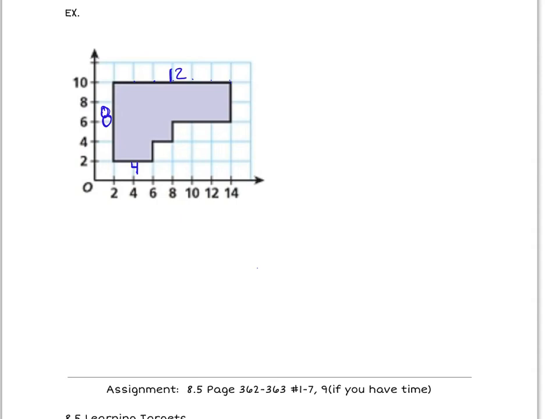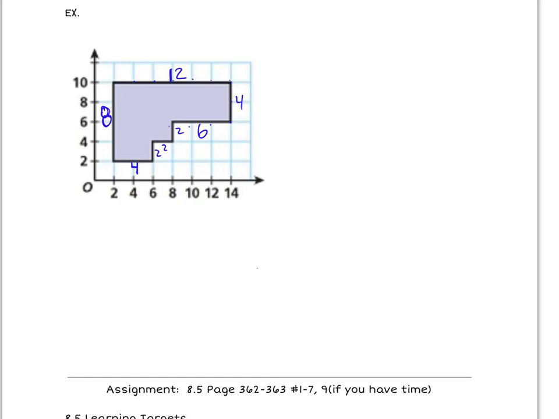Going down this side, 2, 4. Going across the longest base here, so we got 2, 4, 6. Coming down is 2, coming over is 2, and coming down is 2. Lots of numbers there. You don't always have to write them all in, but sometimes it's helpful.